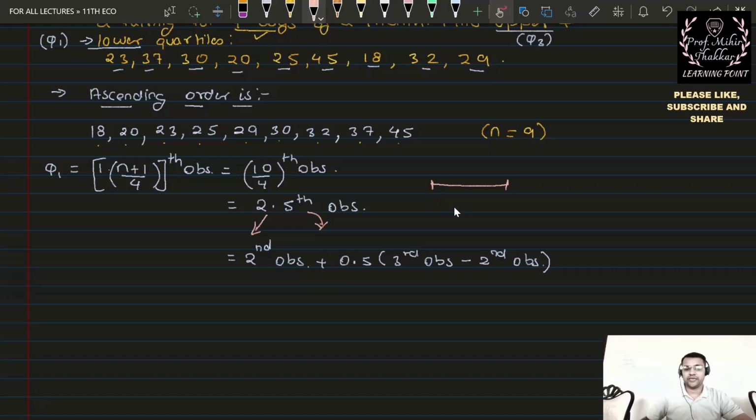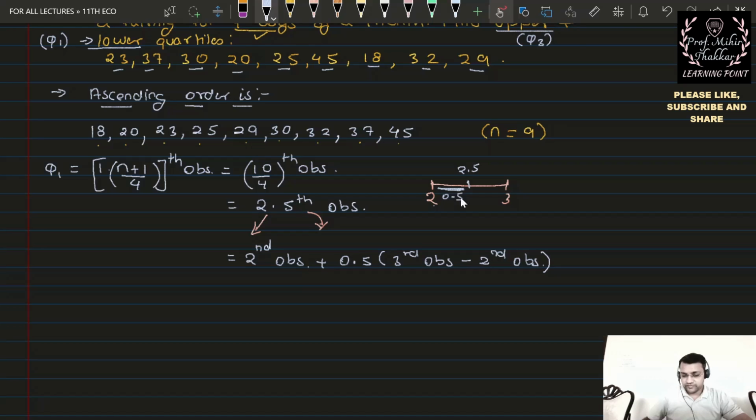Because on the number line, if you observe, the value 2.5 comes between the second observation and the third observation. Because it comes between the second and the third observation, the additional distance of 0.5 has been covered between the second and the third observation.